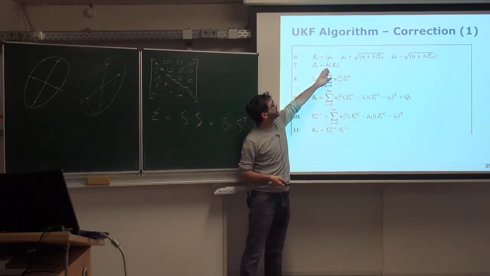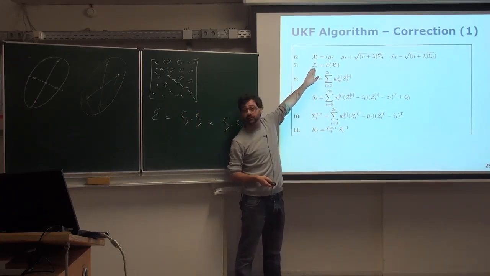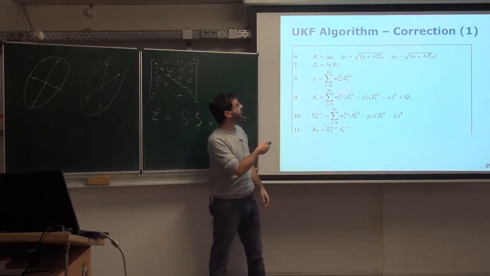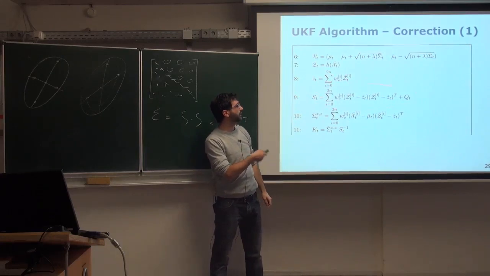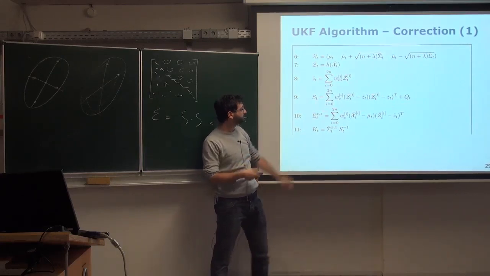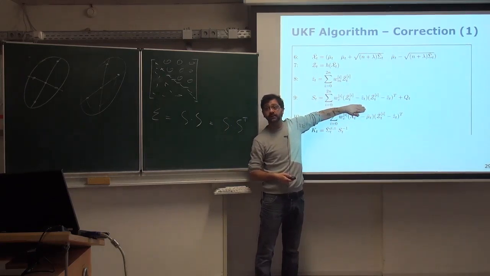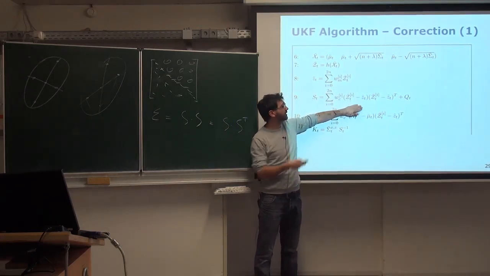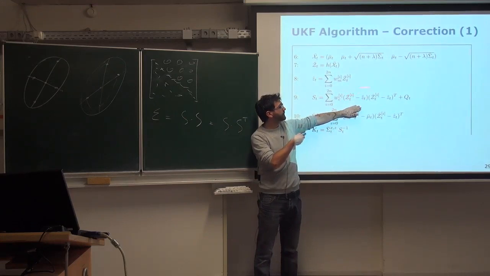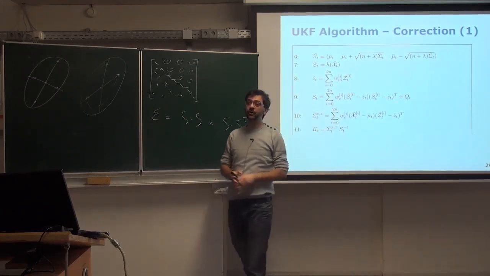Now we have the transformed sigma points considering our h function. We compute our mean, we compute our covariance, and up to here is what we've seen so far, okay? This is the covariance of the observation. We add again Q because that's the observation noise.